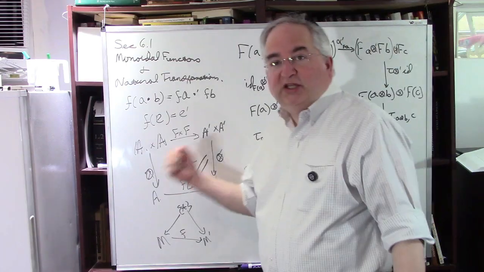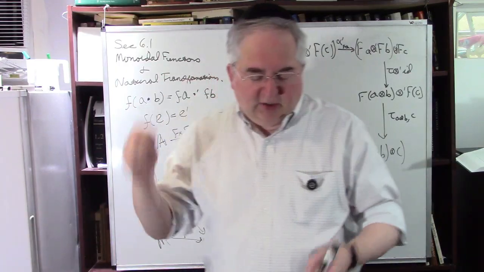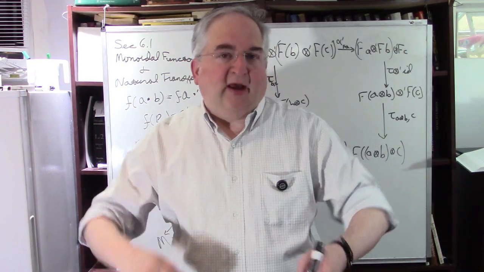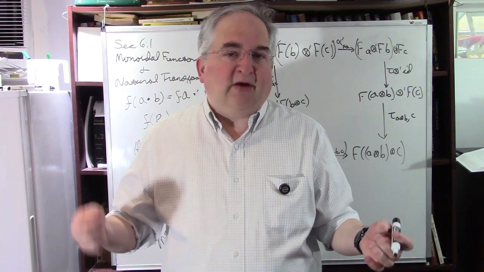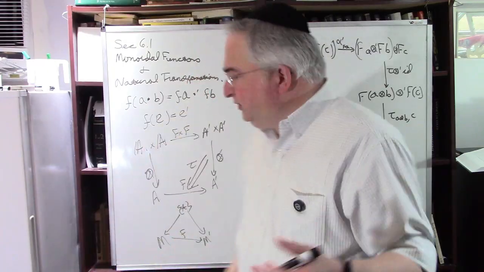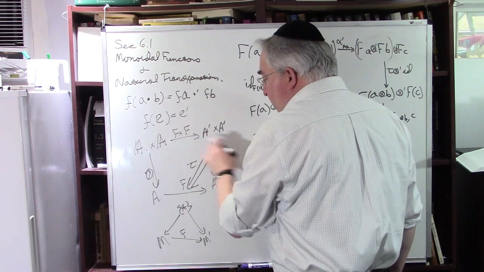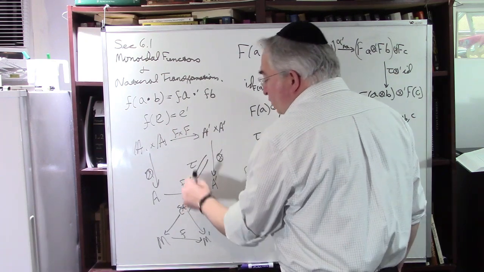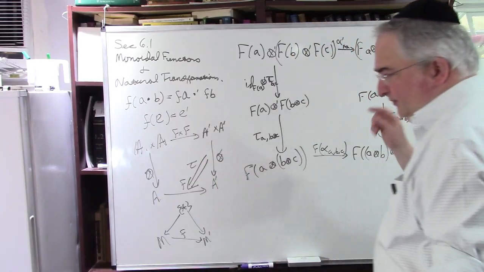But I want you to see this as a generalization. When we're dealing with sets, you have sets and functions between sets, but you have nothing between functions. If you boost it up to categories, you have categories and functors, and now you can talk about natural transformations between functors, and that's exactly what that is.